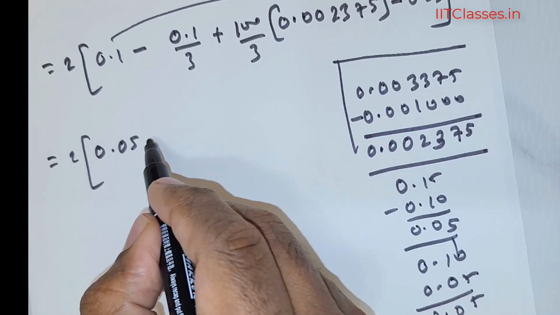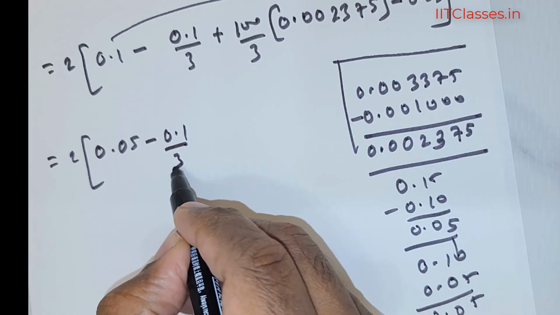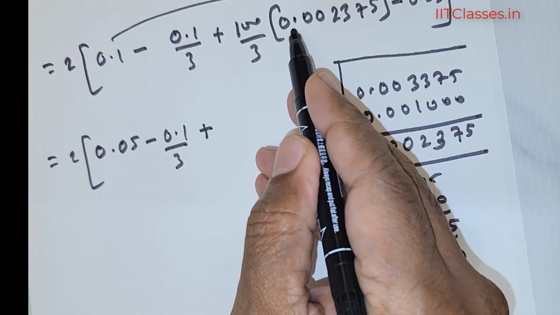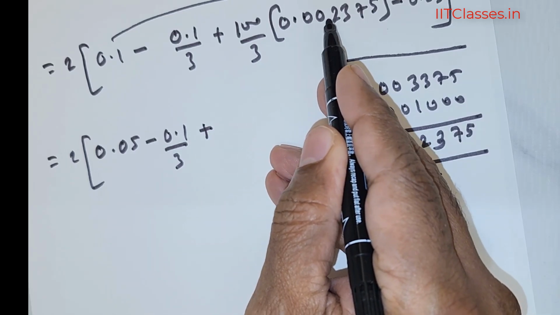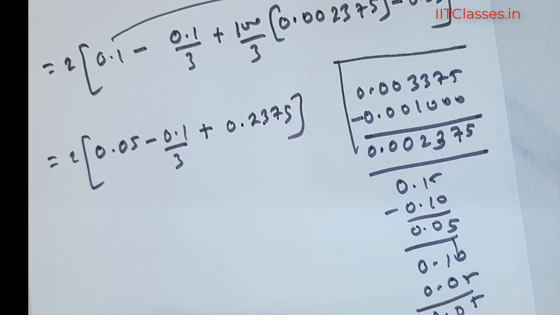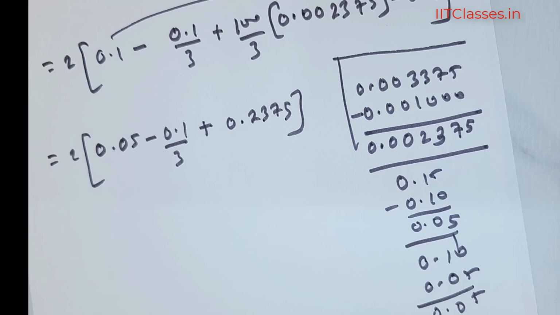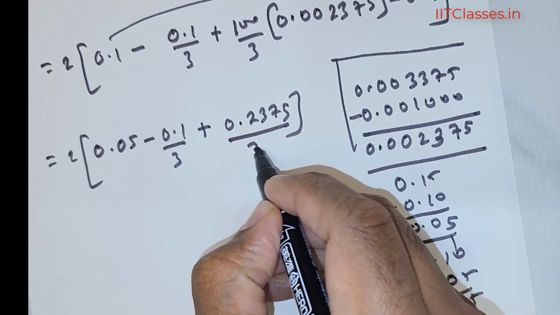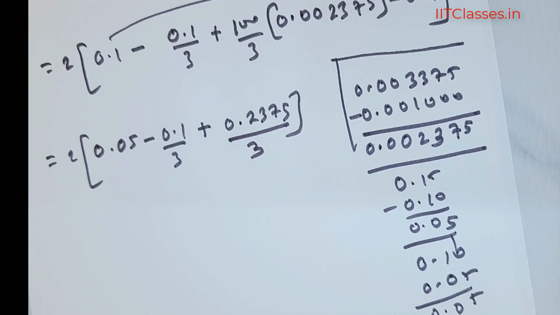Over here, 0.002375 multiplied by 100, so the decimal will move 1, 2, so you have 0.2375. Okay, this is what you have. Now of course you have to divide by 3.